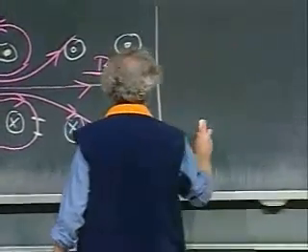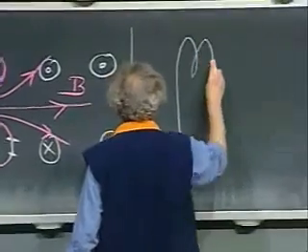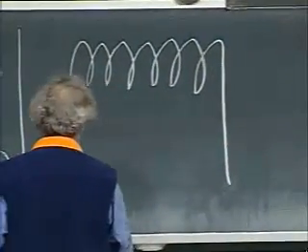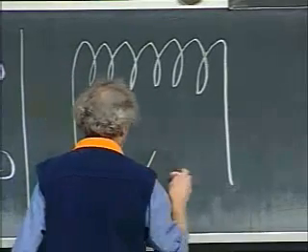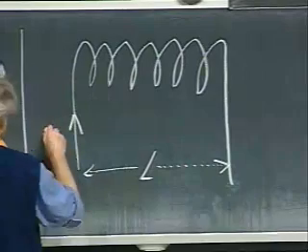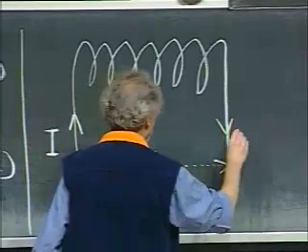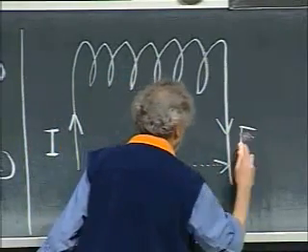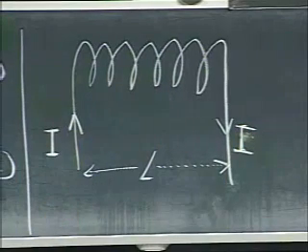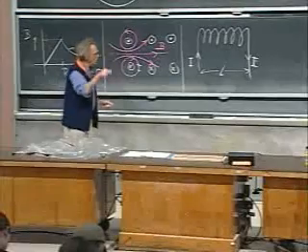Let this be my solenoid. The length of the solenoid is capital L. A current I is going through like so. I assume that if I look from the left side, the windings are wound clockwise.